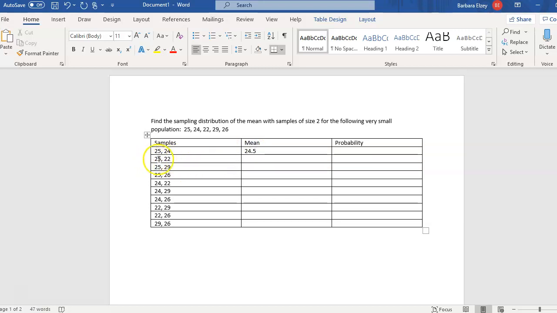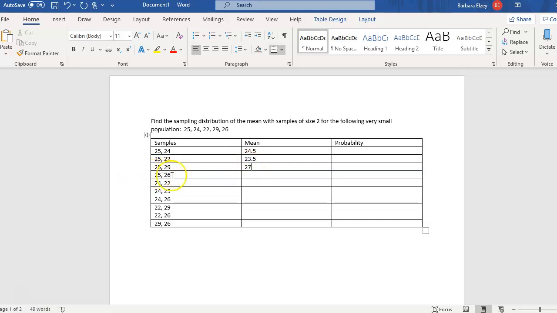I'll do the same thing for 25 plus 22. That'll give me 47, and I'll divide that by 2, which will give us 23.5. Then again, the same thing for 25 and 29. Add them together and divide by 2, and we will get 27.